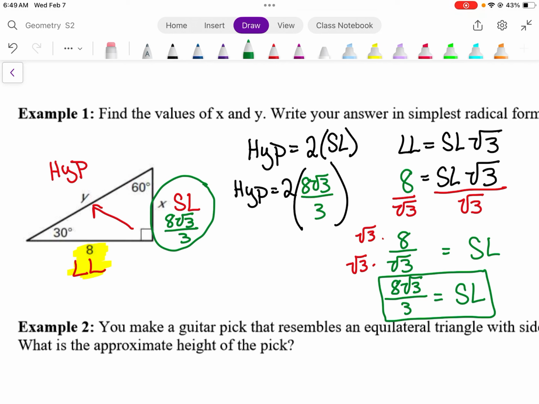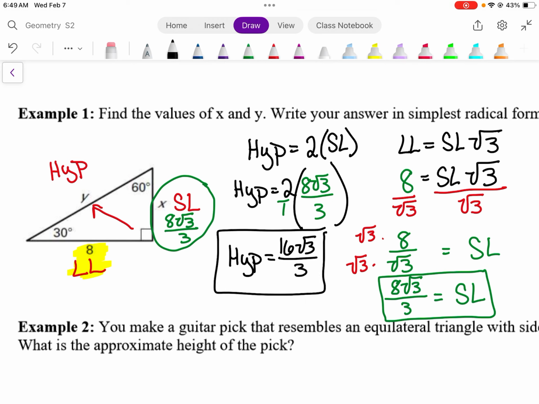And when you multiply a whole number, the 2, multiplied by a fraction, remember, you only take that whole number and multiply it by the numerator, so top times top. And that will give us that the hypotenuse is equal to 16 square roots of 3 over 3. And that would be our answer.